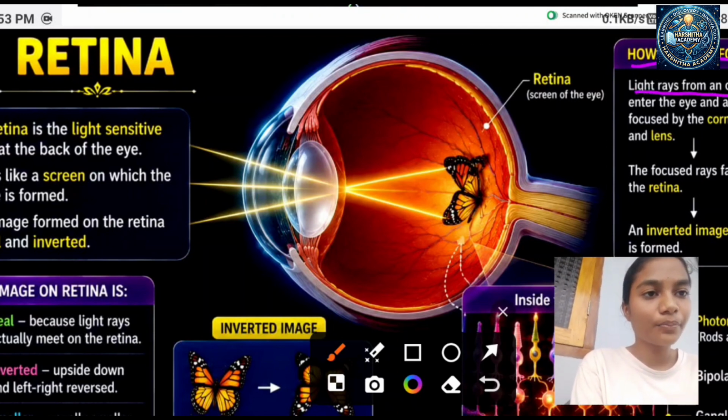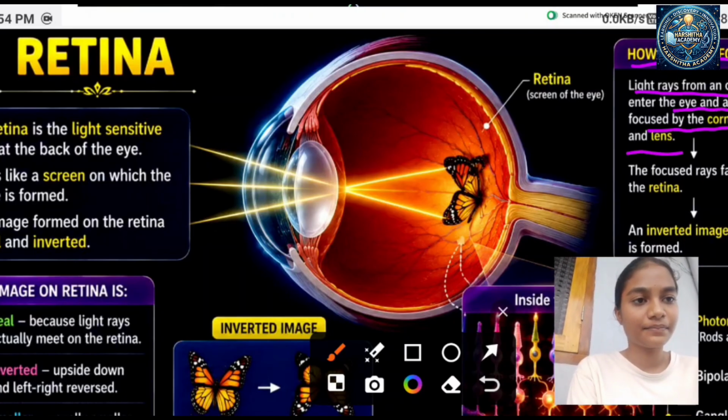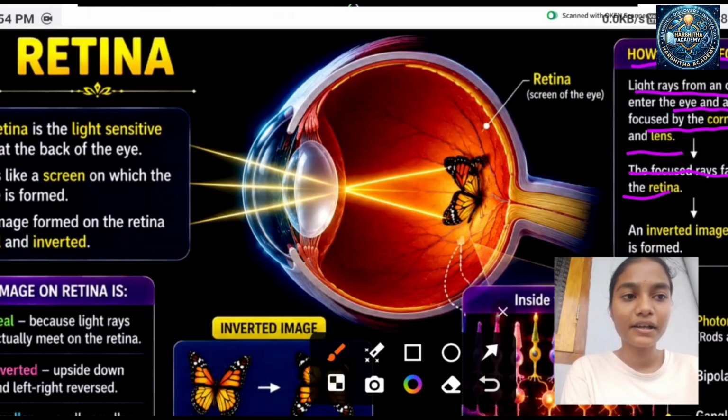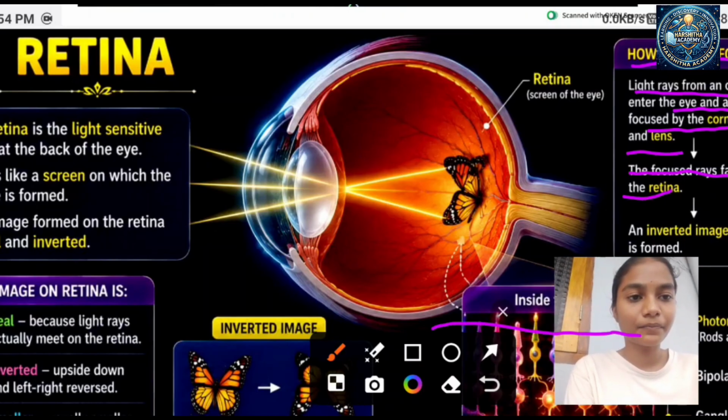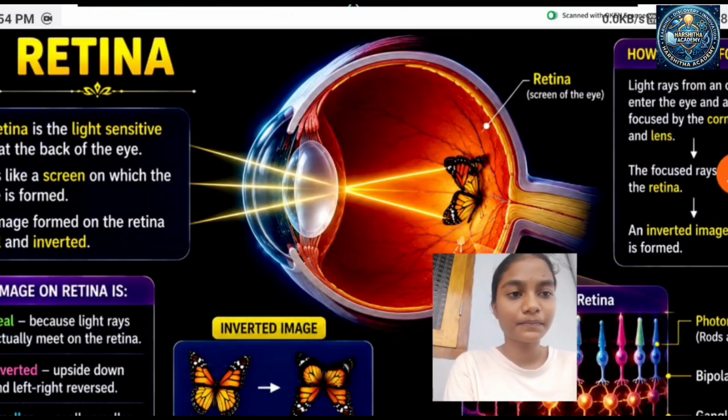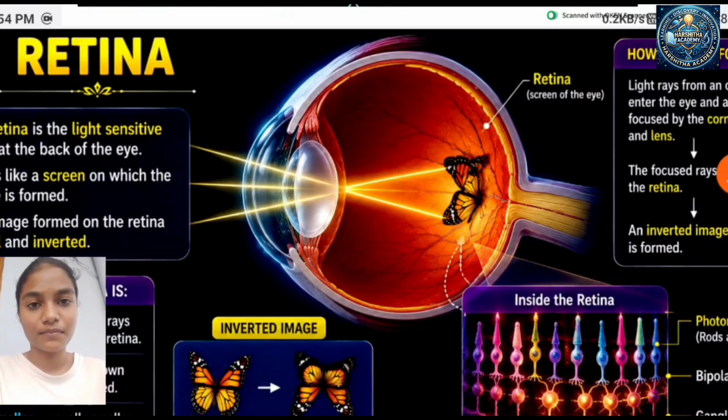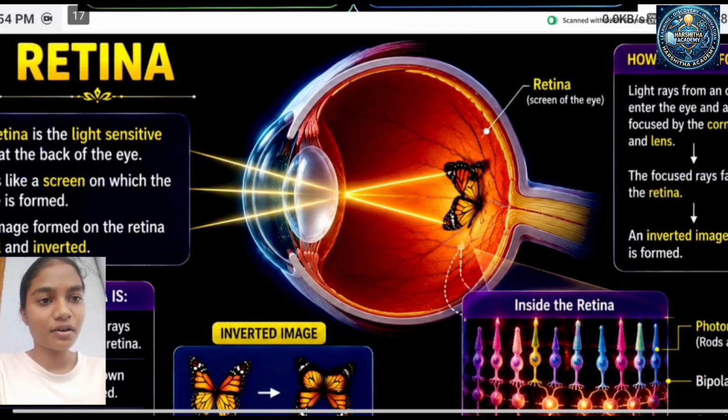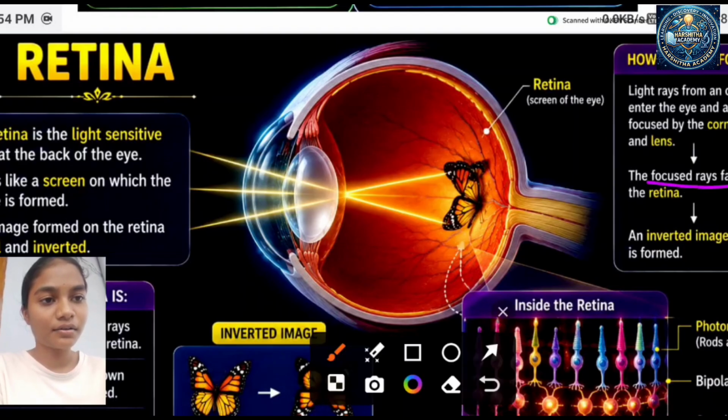Light rays from an object enter the eyeball and are focused by the cornea and lens. The focused rays fall on the retina, and the inverted image is formed.